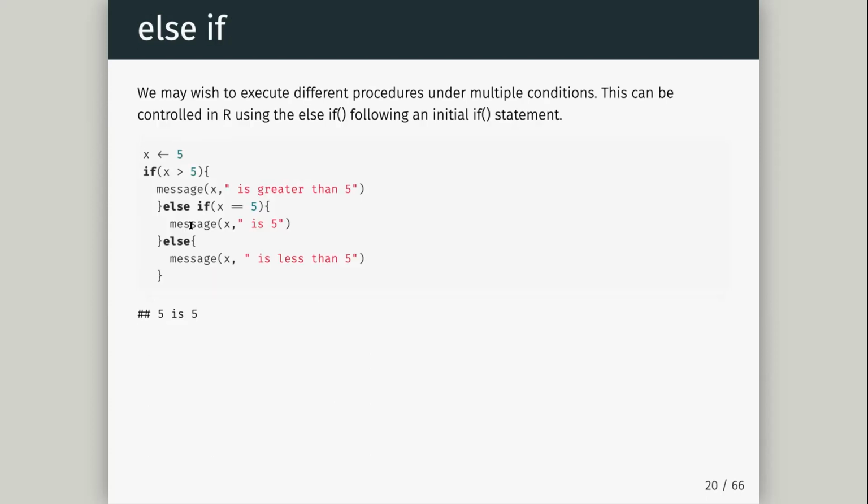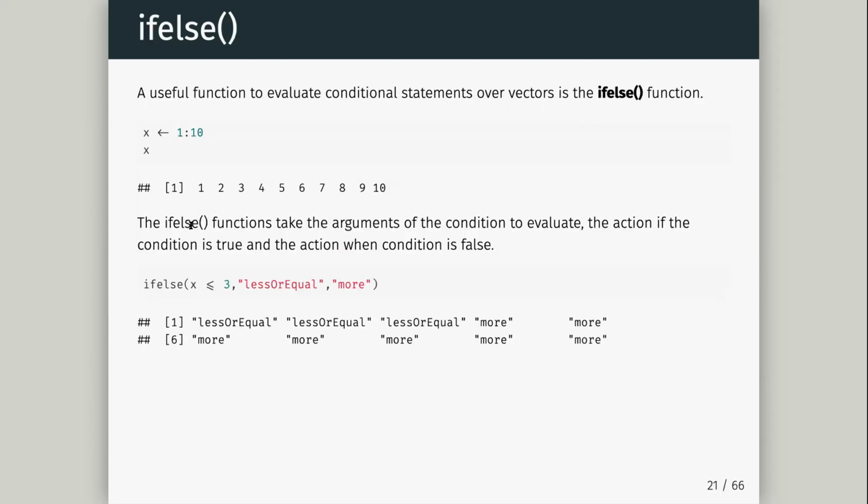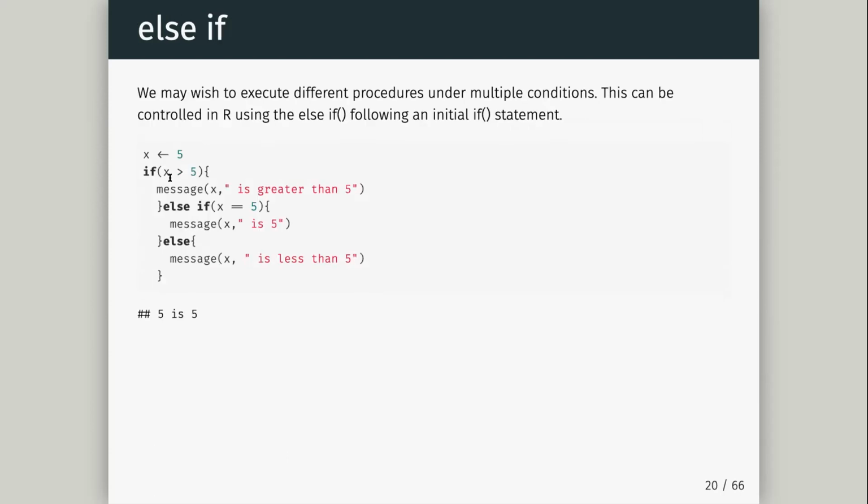So already you can have quite high level control over evaluation of different conditions. A really useful function, and I promise you this will be a very useful function in your work, is ifelse. What this allows you to do is apply a logical operation to a vector, not just one value, because here we're always just checking one value at a time.